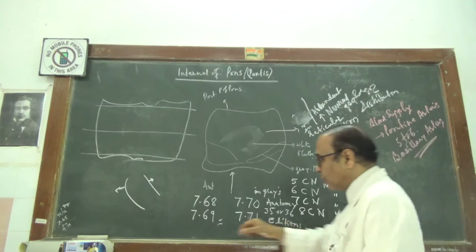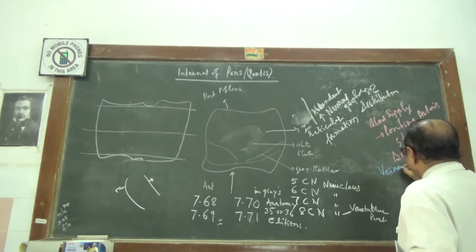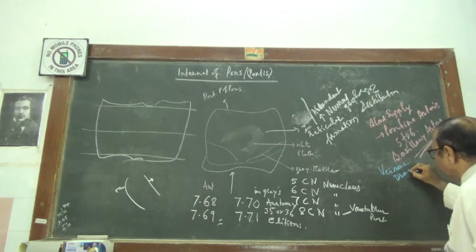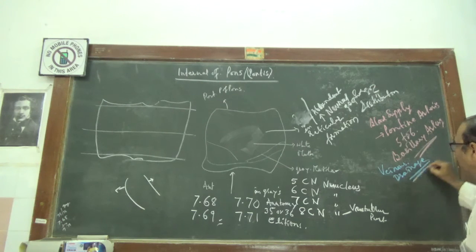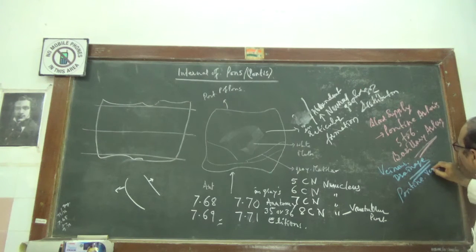Venous drainage of the pons is by the pontine veins.